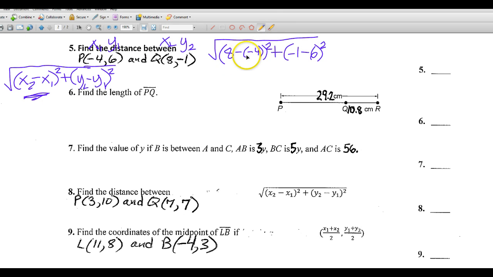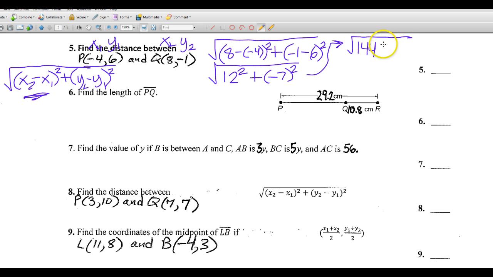So from here, we want to take 8 minus negative 4, or 8 plus 4, which is 12. Negative 1 minus 6, that would be negative 7. If you type it in on your calculator, make sure that you put it in parentheses, because when you square it, you need to get a positive. So from there, 12 squared is 144.